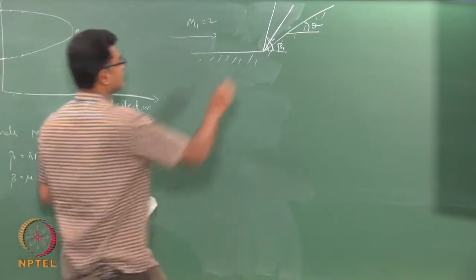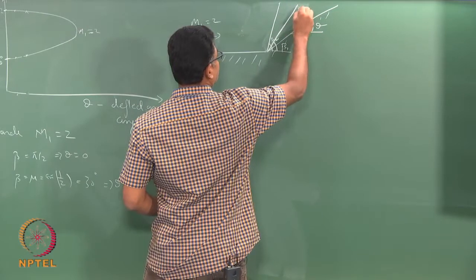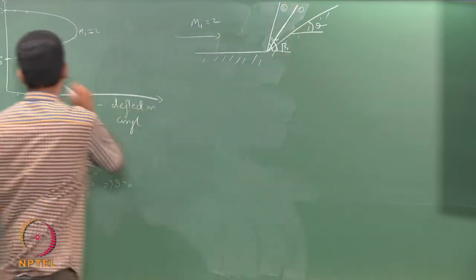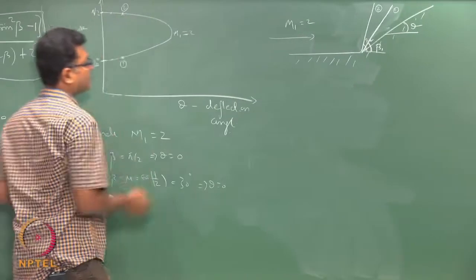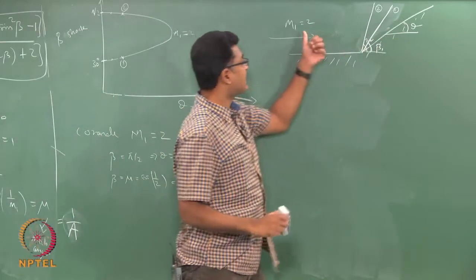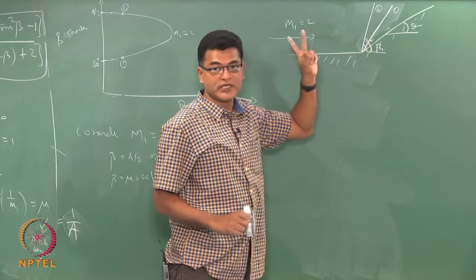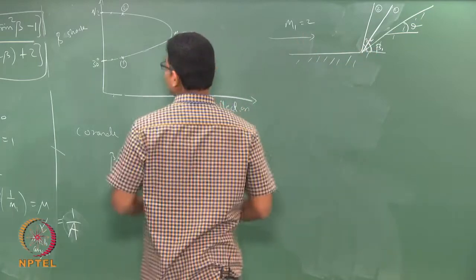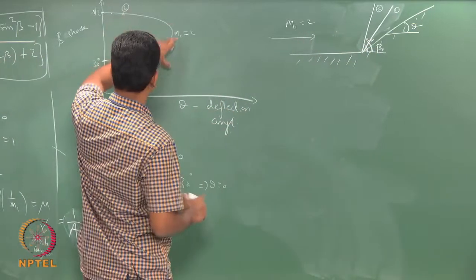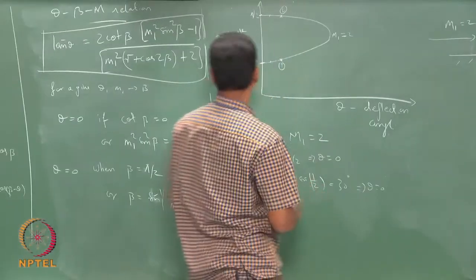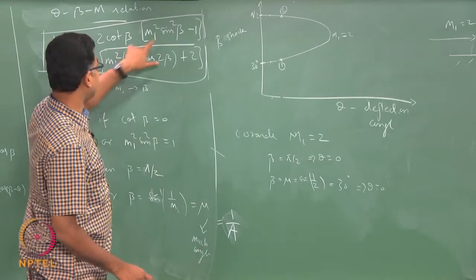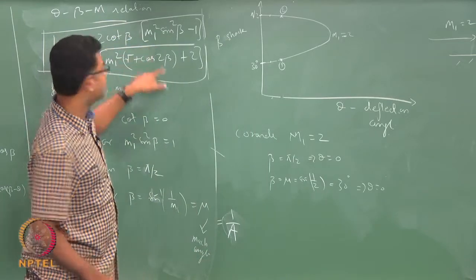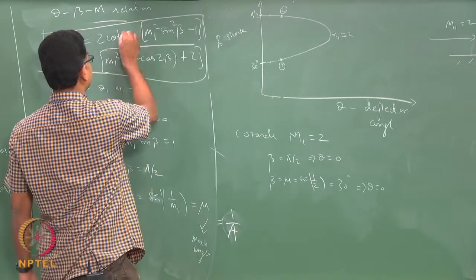So, this is the first solution, this is the second solution. So, for a given theta and M1, I can have 2 betas. That is what you get from this equation, which is plotted here. So, if you write a program which can input M1 and theta, it will compute 2 values of beta.